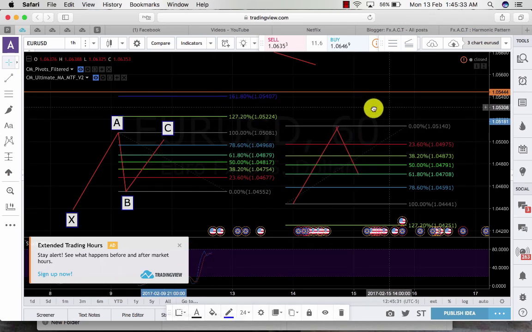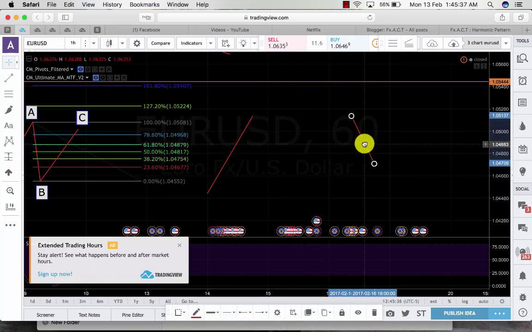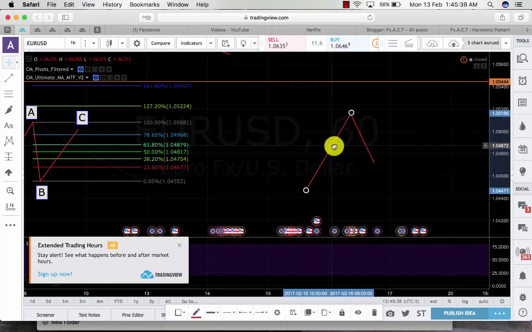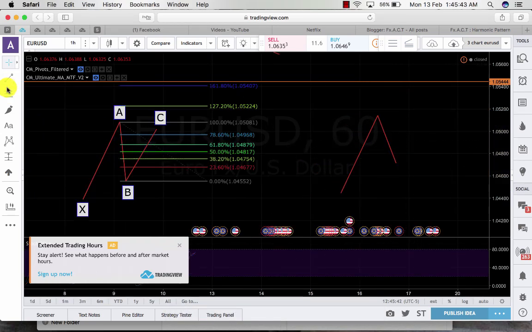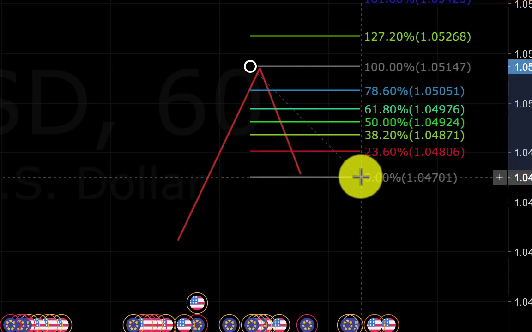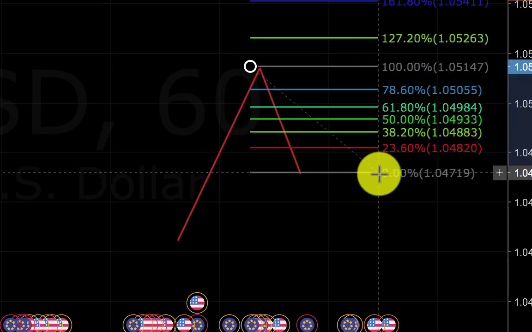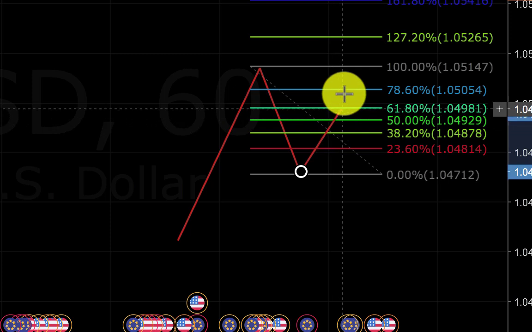And that goes also to Gartley. We just have to move this one to give more space. So in Gartley, it says retracement of AB will be from 38 also to 88.